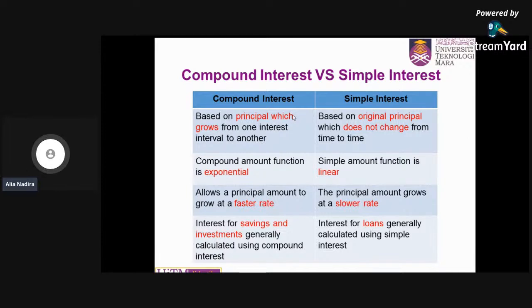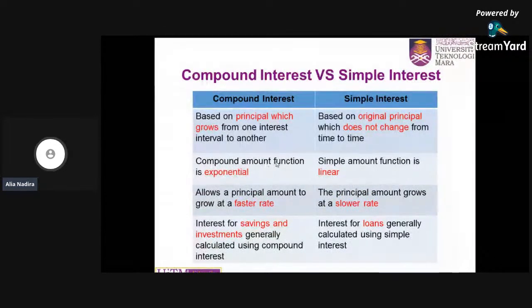As you can see in the previous example, in compound interest the principal changes, it is not always 1000. For the first year it was 1000, but for the second year it has increased because we added the interest. Simple interest is based on the original principal, which does not change. From the beginning the calculation uses 1000, and it maintains the principal P.